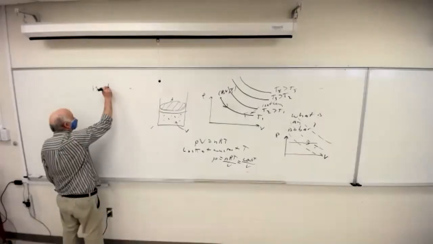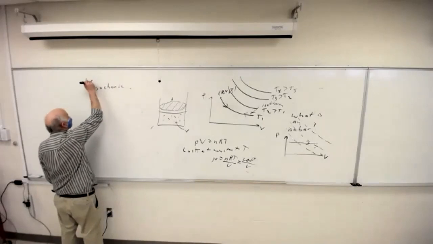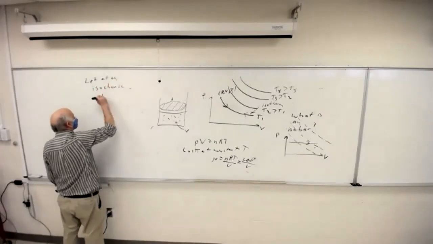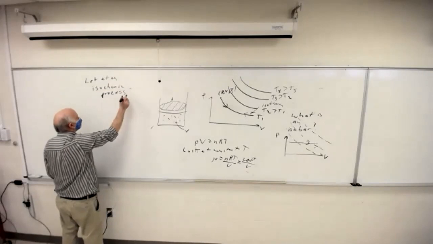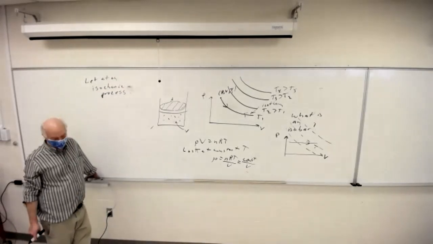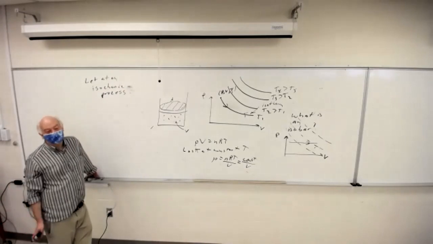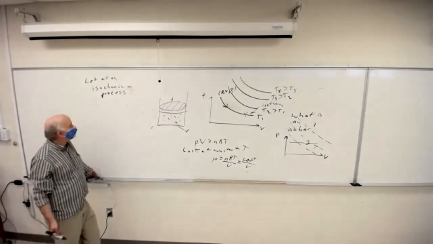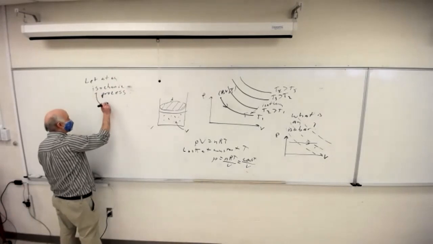They also have something like this. You have an isochoric process. Okay, what is that one? What else do you think we could keep constant? Volume. So an isochoric process also means isovolumetric.